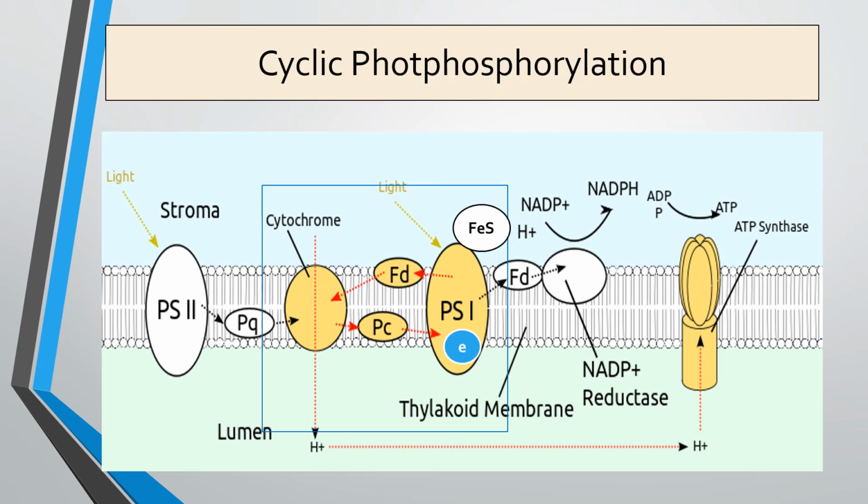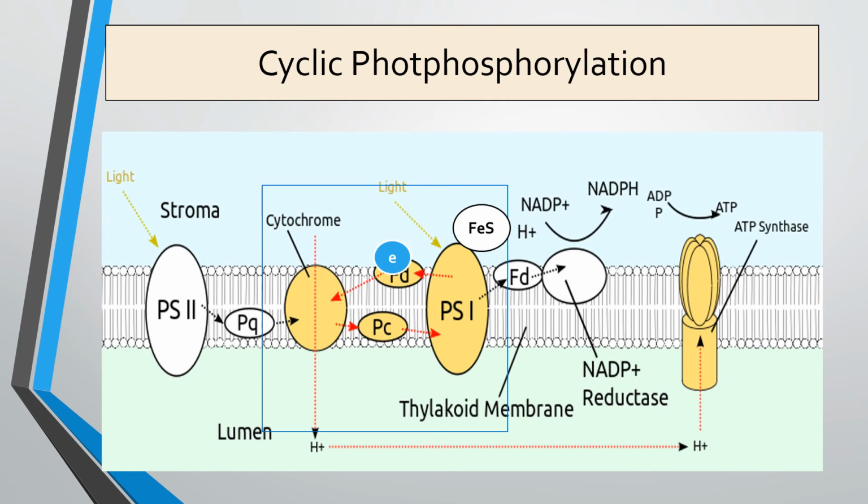This process occurs because of the lack of NADP plus molecule. So, when the photon strikes photosystem 1, as usual, the electron will be raised to a higher energy level at the primary electron acceptor, FeS. Then it will be passed to the ferredoxin, or Fd.